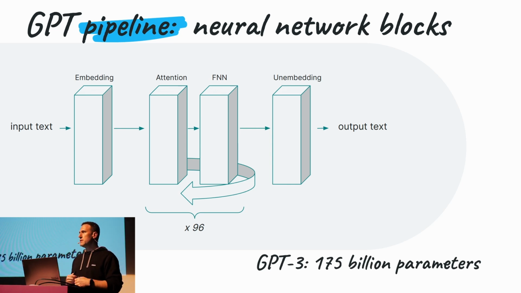In the GPT pipeline, GPT-3, I think there were 96 repeated iterations of these two blocks of attention and prediction. And then at the end, you come up with a probability of what should be the next token. You select one of them and you unembed it, so you transform that vector in 12,000 dimensions into the word that is predicted as the next word.